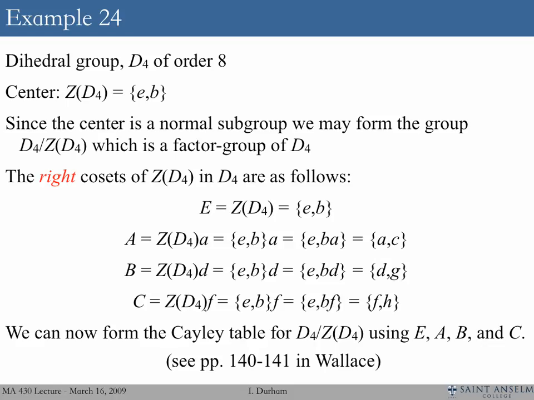Notice, by the way, all right, so let me just back up a second. So the right coset, look at the one prior to that. You have E comma BA. Now, BA is C, right, according to the Cayley table. And so the new set is made up of A and C. The E, you just forget. E is just the identity, okay? And it doesn't really do anything there.